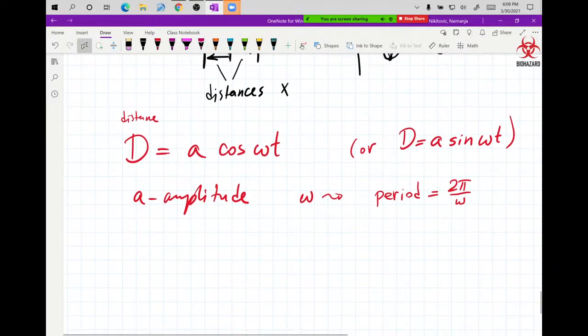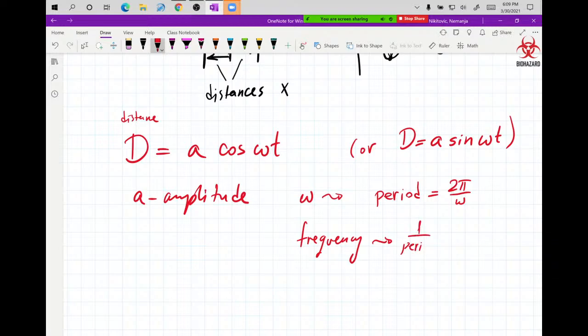So when you have amplitude and the period, those are the only two that were given in there. Now you can also define the frequency, which would be 1 over the period, and that's obviously going to be omega over 2 pi.